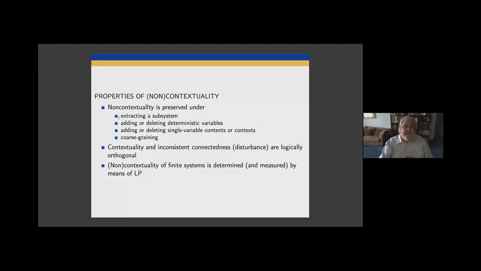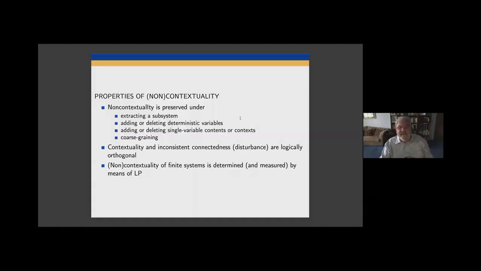Here, however, are some properties of non-contextuality and contextuality, and they are worthwhile mentioning because every reasonable theory of contextuality should satisfy them. Non-contextuality is preserved under extracting a subsystem. So a subsystem of a non-contextual system must be non-contextual.